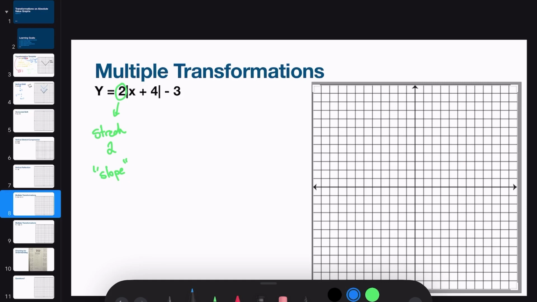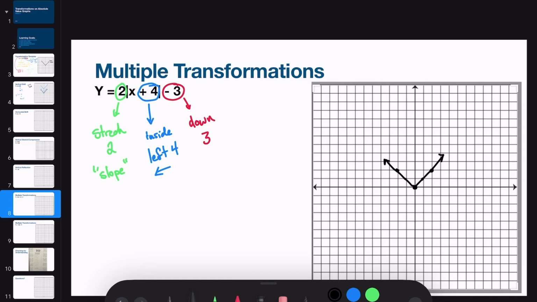This 4 is plus 4 because it's inside, which means that we're going to be moving it left 4, in the opposite direction. And then this minus 3 is my vertical, so that is going to be down 3. I always put the parent function on here, so I'm going to put the parent real quick.